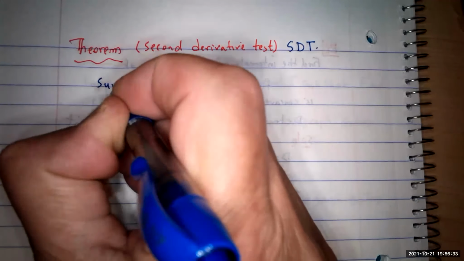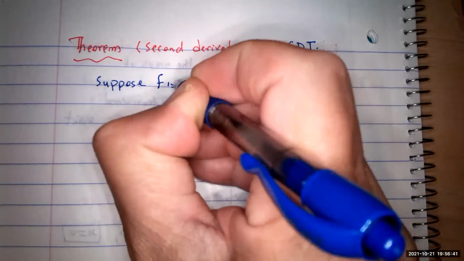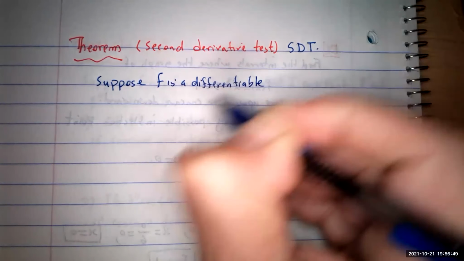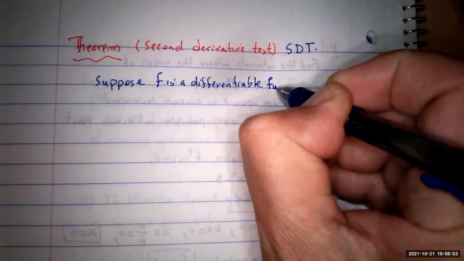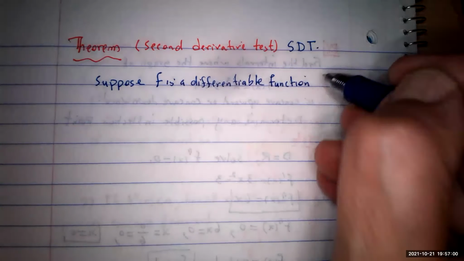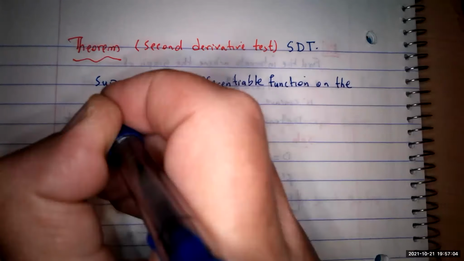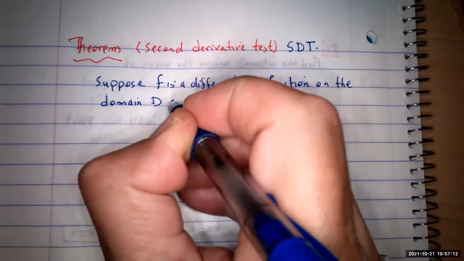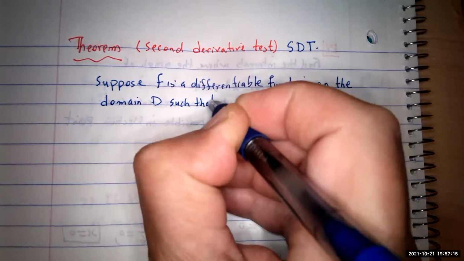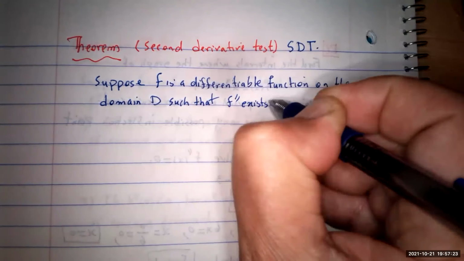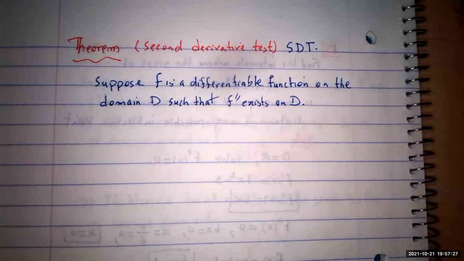So we are going to suppose F is a differentiable function on the domain D, such that F double prime, of course, exists on D. Because you should be able to go to F double prime.